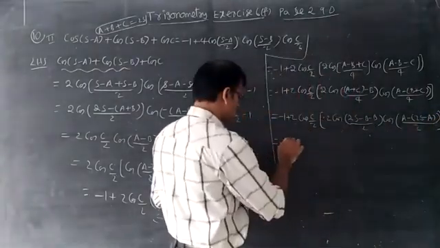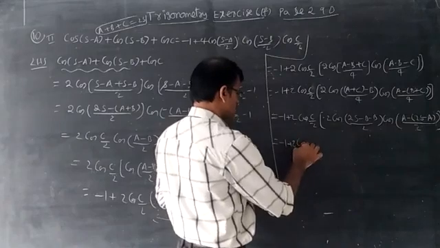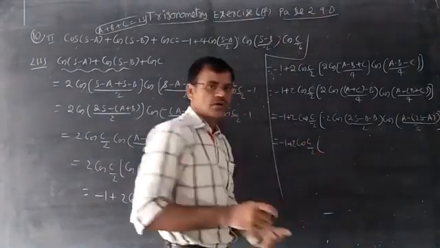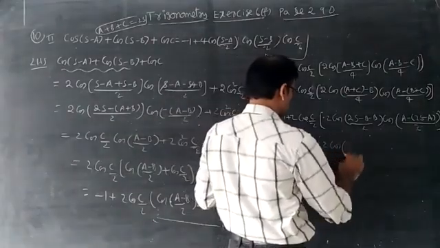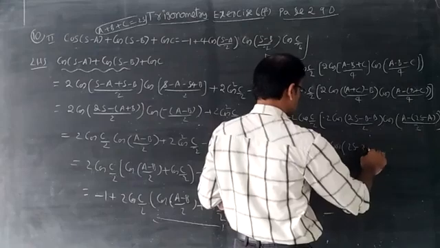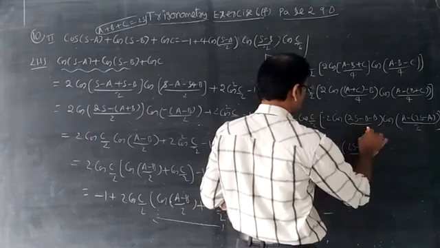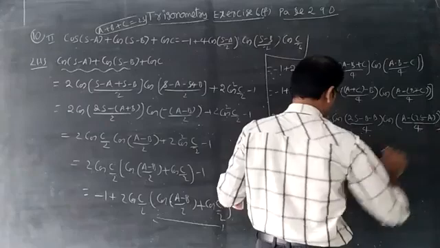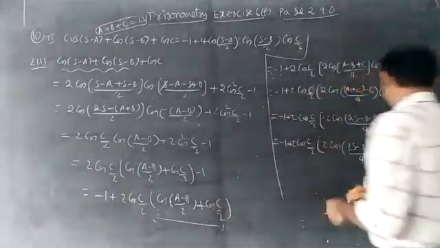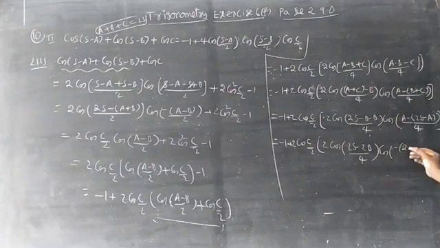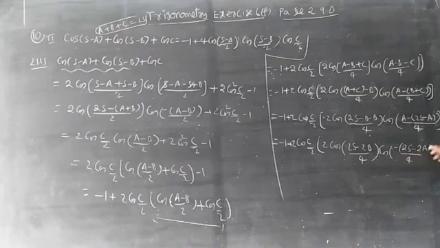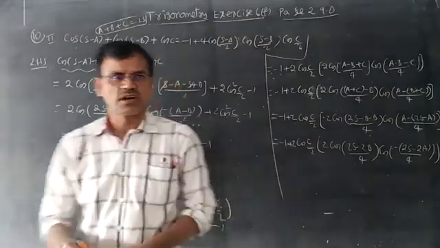That is equal to minus 1 plus 2 cos c by 2 into 2 cos of, this can be understood as (2s minus 2b) by 4 into cos of (2s minus 2a) by 4. There is no negative, for cos of minus theta becomes cos theta.